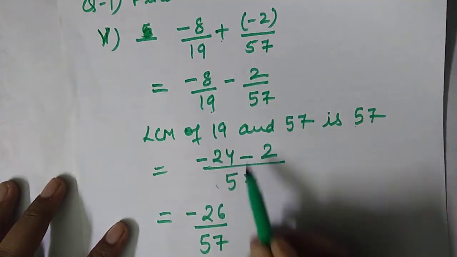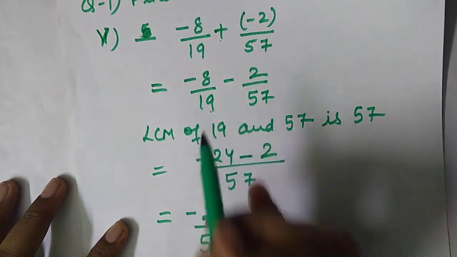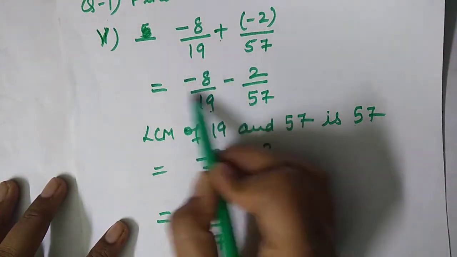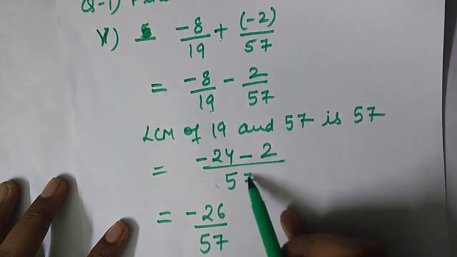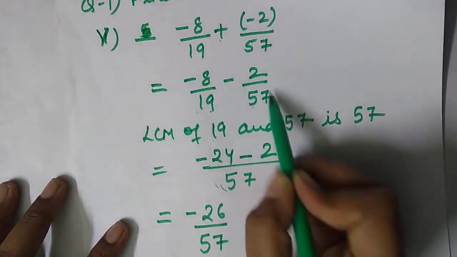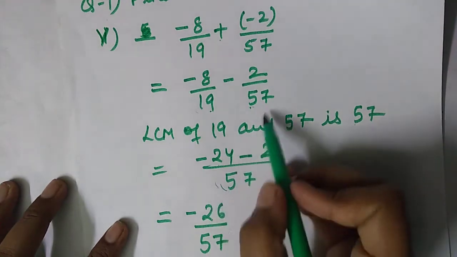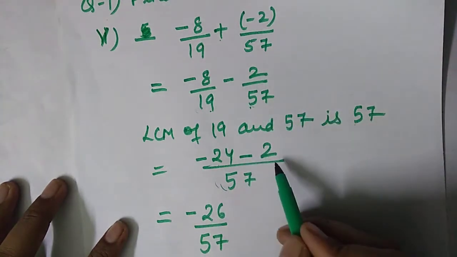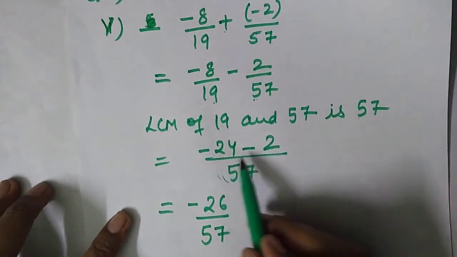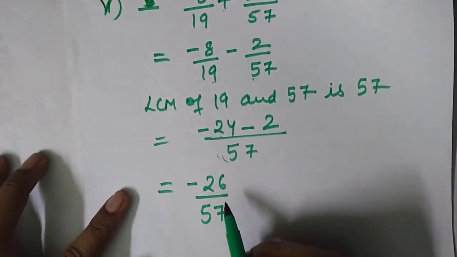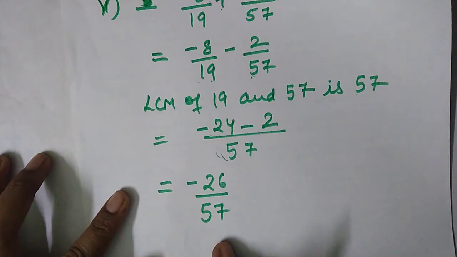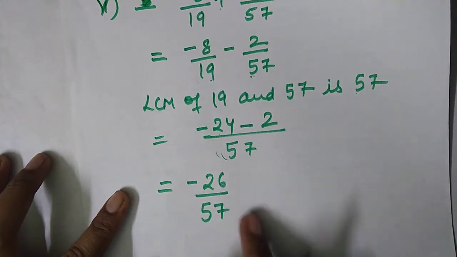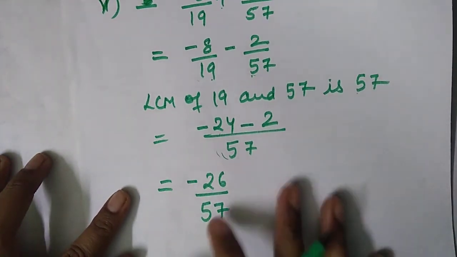When 57 is divided by 19, it is 3, and when 3 is multiplied with minus 8, it is minus 24, this minus remains the same. 57 divided by 57 will be 1, and 1 multiplied with 2 will be 2. Okay, minus 24 minus 2 is minus 26. So this is your question number 1, part 5. I hope it is clear to you, and you will do the rest of question number 1.